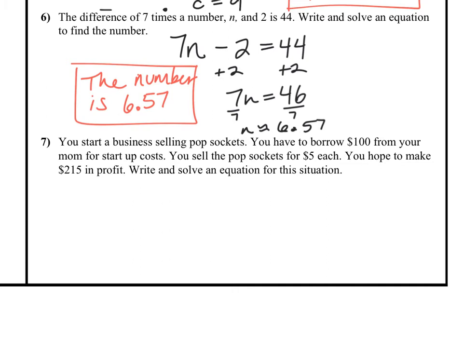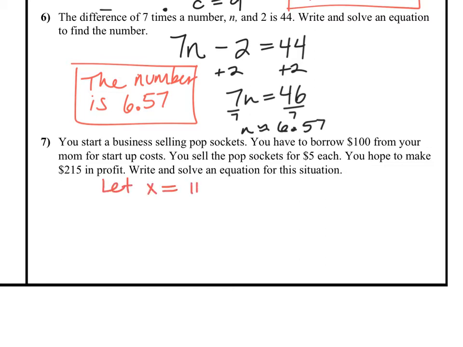Number 7. Of course, you're selling pop sockets. So again, we're looking for what happens once, what happens over and over, and what's our total. We are solving for how many pop sockets you're selling.